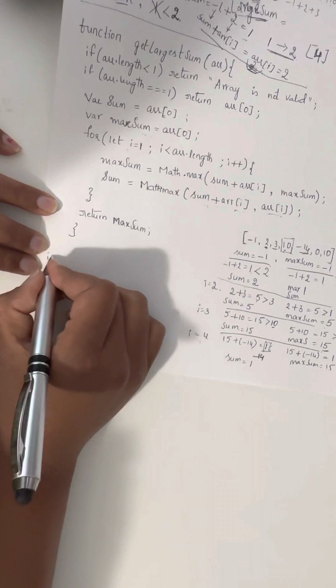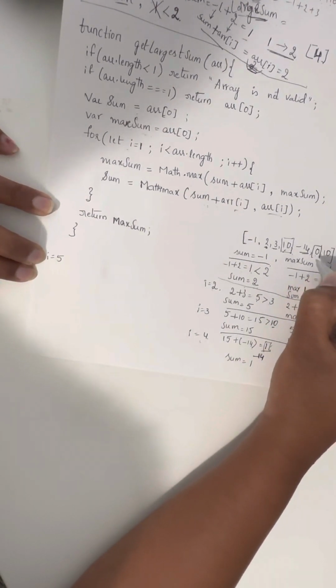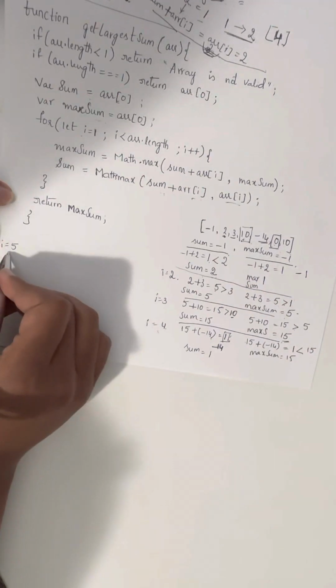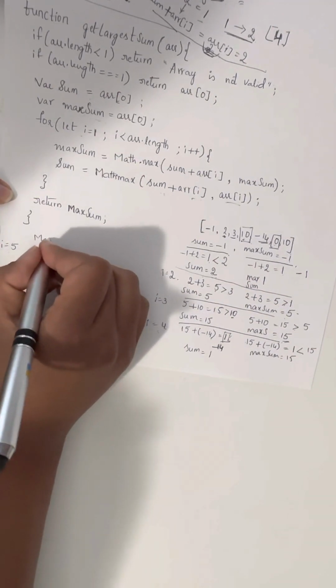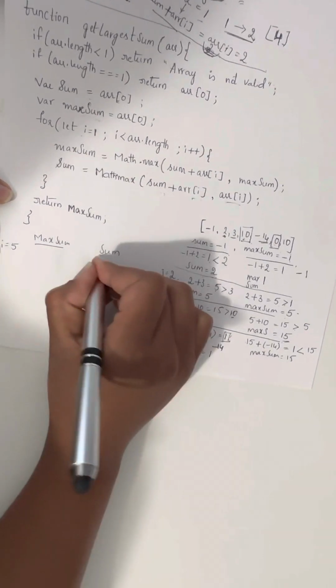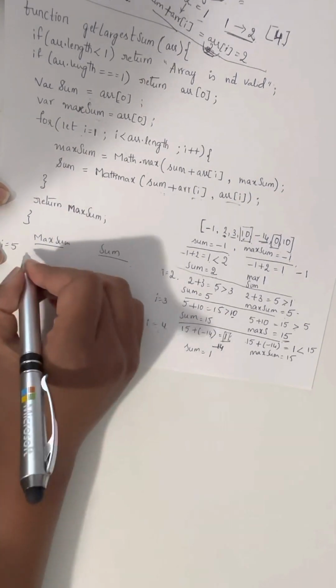Then I becomes 5, which is 0. So let's look at the maximum and the sum. What is the maximum sum?